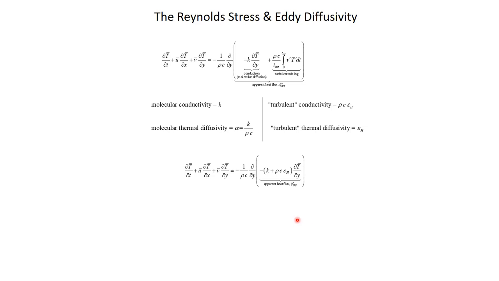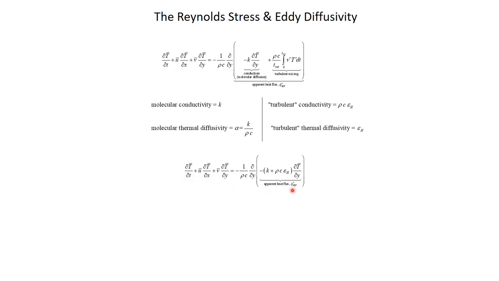So just like we talked about with viscosity, when I'm in a region of the fluid where there are no turbulent eddies, this term would disappear, this turbulent conductivity, and I would be left only with the molecular conductivity. So, for example, in the laminar part of the boundary layer, I would be left only with K here, and actually this entire equation would just limit back to our boundary layer equation, right?